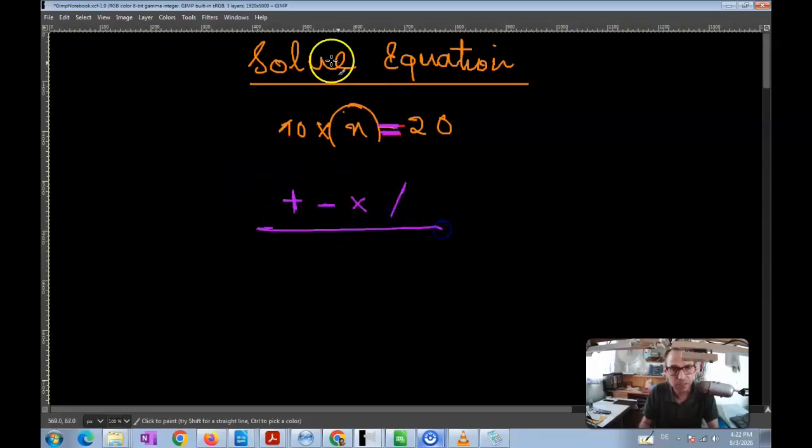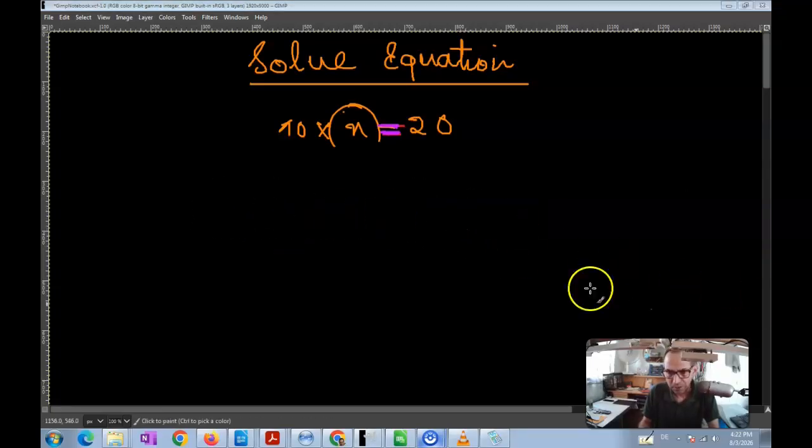If you understand these, you can solve any kind of equation, unless the equation is a little bit advanced and needs more advanced tools. But most of the time, using these four operations, you can solve essentially all equations in mathematics.